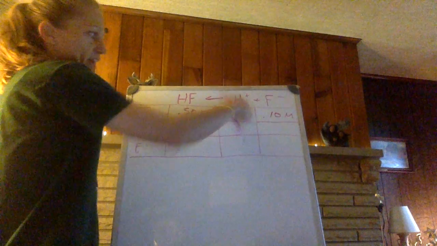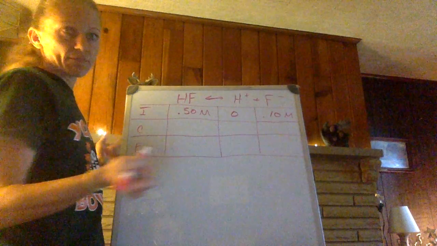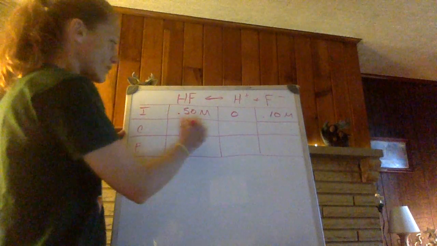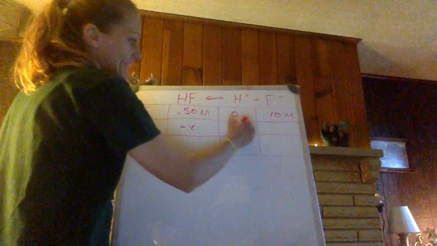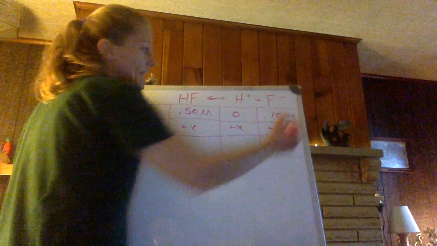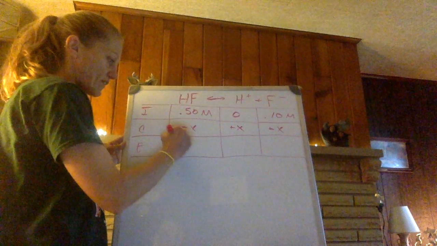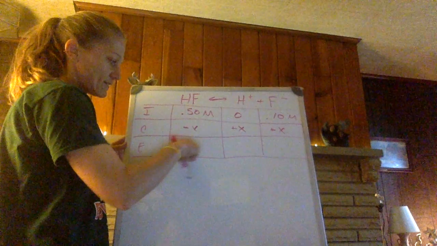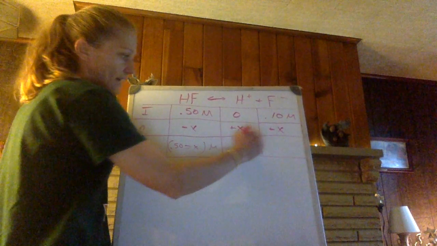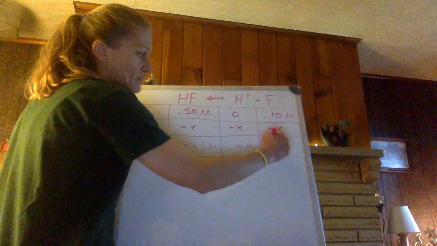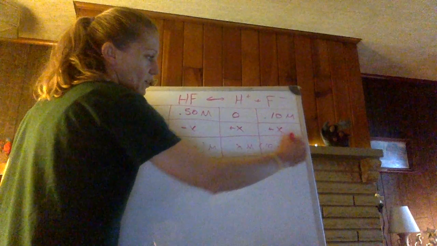I'm going to make that side because I have no hydrogen and I need a pH. So I'm going to lose concentration of HF, gain some hydrogen and gain some fluoride. So 0.50 minus X molar, X molar, and 0.10 plus X molar.